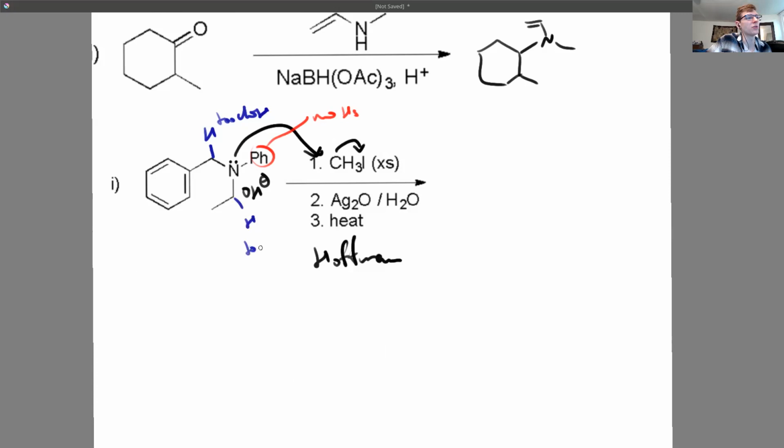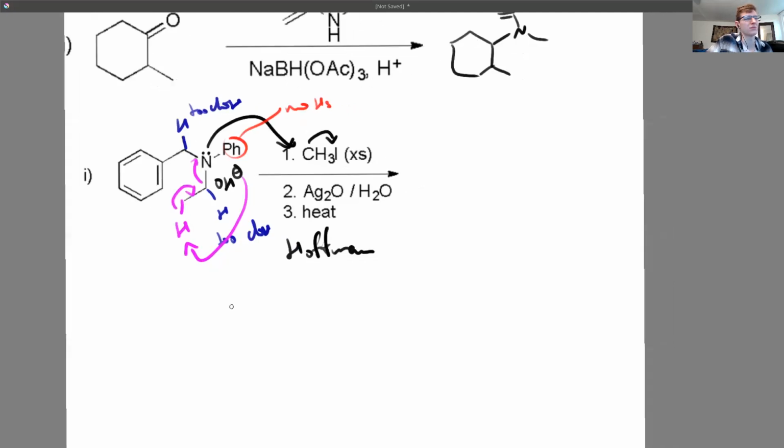Over here is also too close. So we have to pull this hydrogen off. Let's pluck that off. These electrons go up here. This gets kicked off, I think. Seems right.